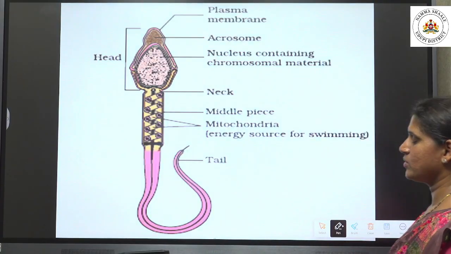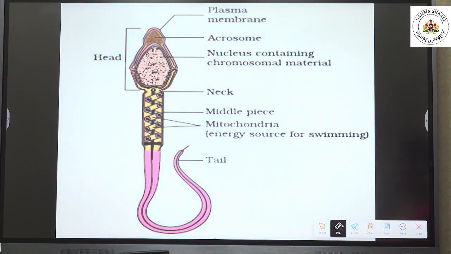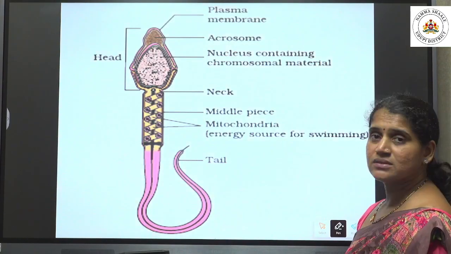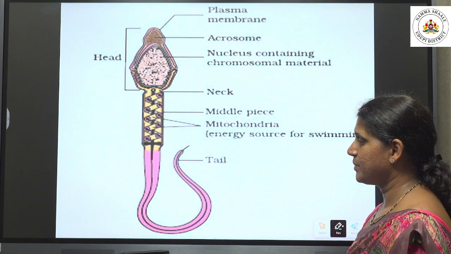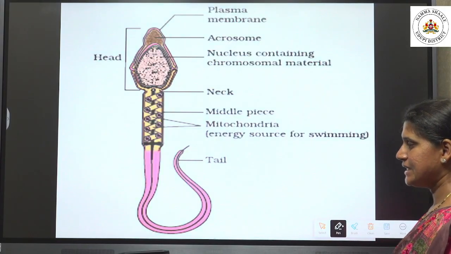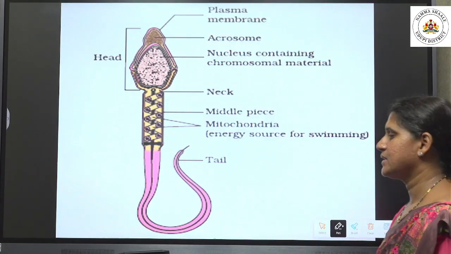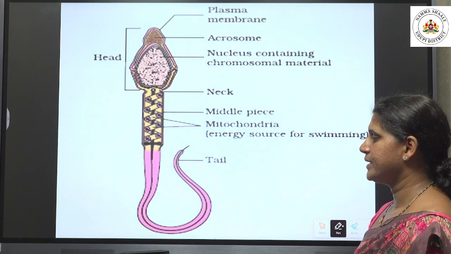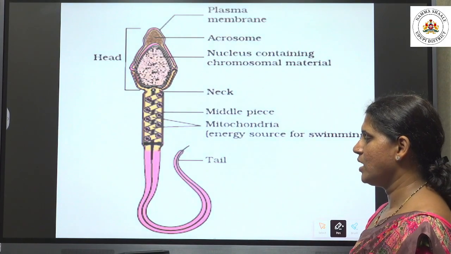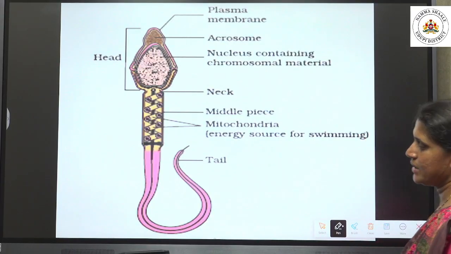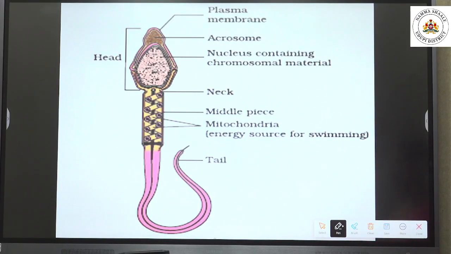Here the mitochondria is not there, so the second option is also wrong. The third option is mitochondria, centriole and axial filament. So hence the correct answer is mitochondria, centriole, axial filament. So hence C is the answer.